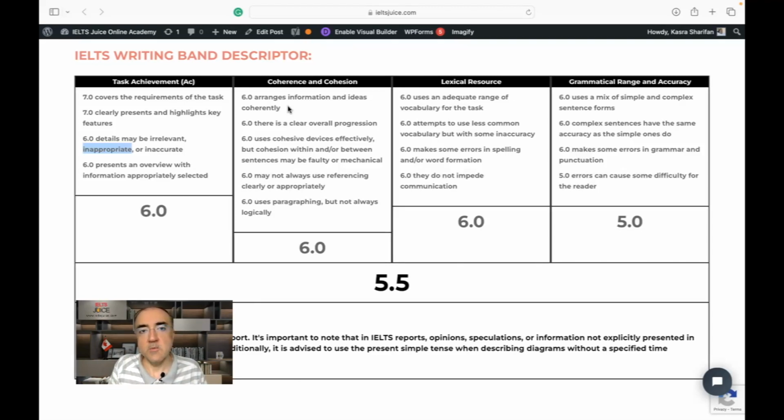I saw multiple punctuation. I mean, the organization was there. Yeah. There is a general organization of ideas. The overall progression is fine, but when you go deep, the progression from one sentence to another is not there.